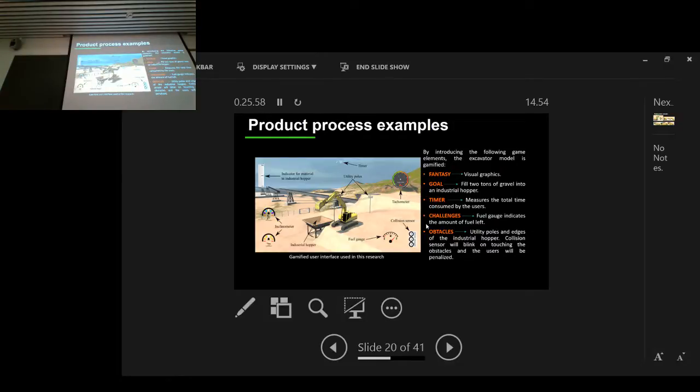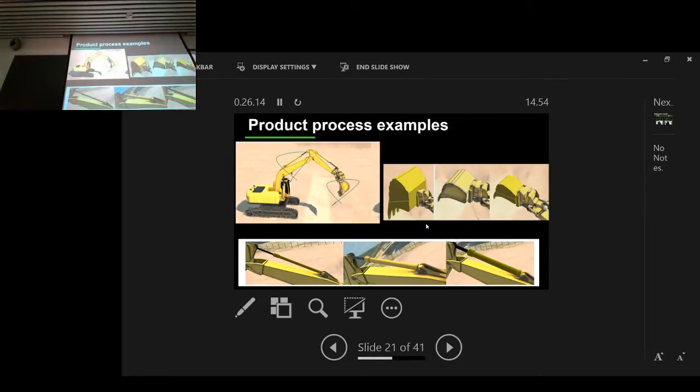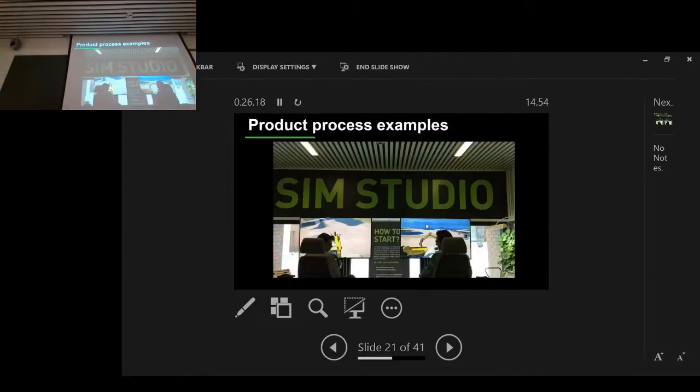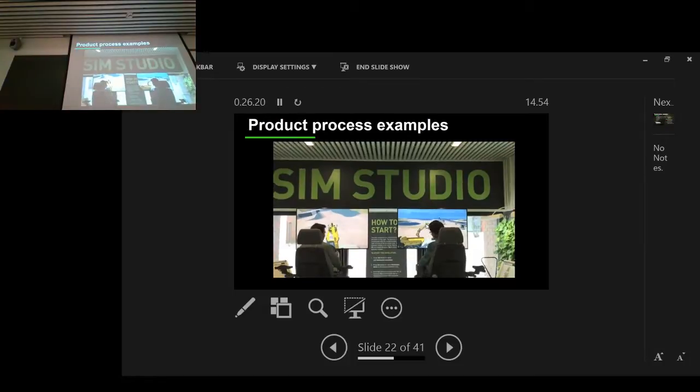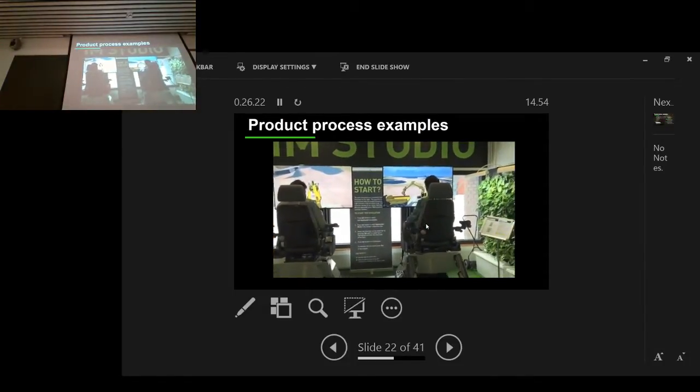The goal was to drive this industrial hopper, and the time was measured. Collisions were measured as well. Obstacles were there, and some indicators showing how you can make it perform better. And the user is allowed to tune the model a bit, with different hydraulics, and then you just go and test it.